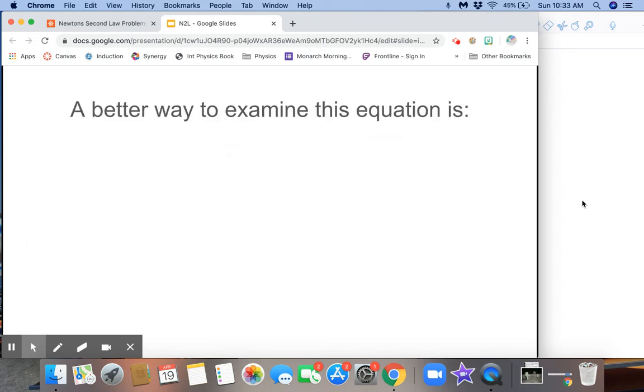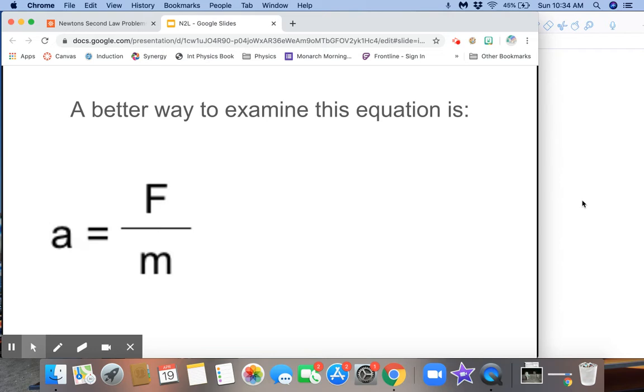Now, another way to examine this equation is solving the equation for acceleration. The reason we do this is we can see how the object accelerates when different forces are acting on the object, or the object is a bigger or a smaller mass. Before, we talked about Newton's first law, which was an object at rest stays at rest, an object in motion stays in motion unless acted upon by an unbalanced force.